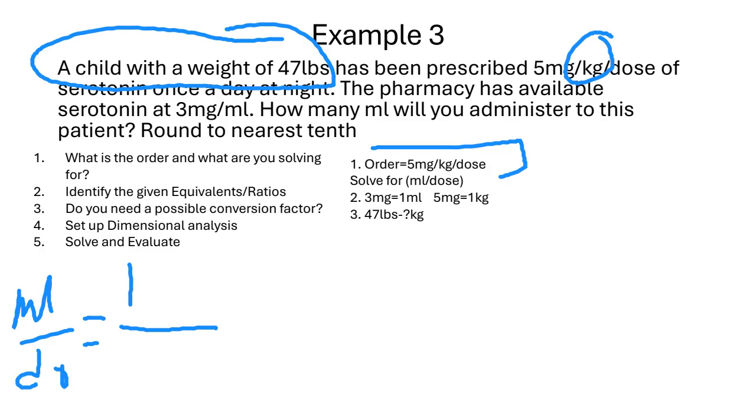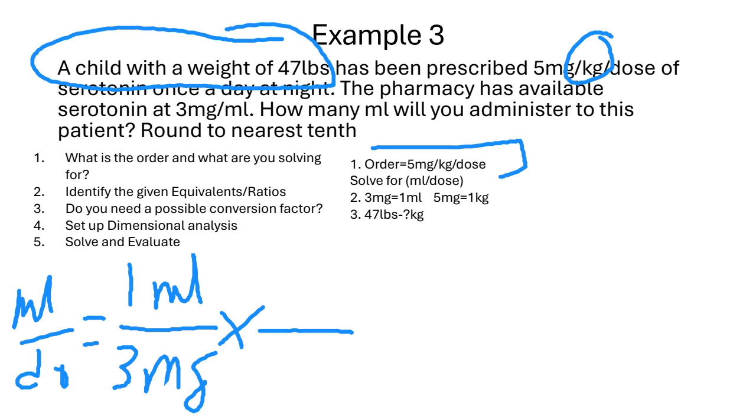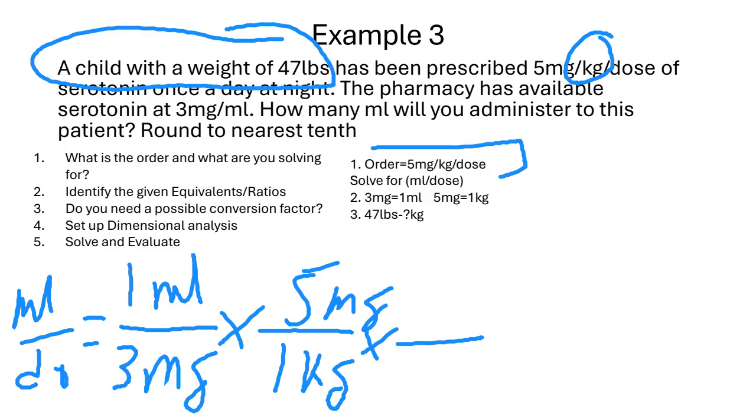That's just based on our equivalence. We know that based on the order, it's going to be 5 milligrams per kilo. We have to use a conversion factor because we have pounds. So that means that we have to cancel out those kilos. We need to get rid of those kilos. The way to do this is that we have 1 kilo over 2.2 pounds.